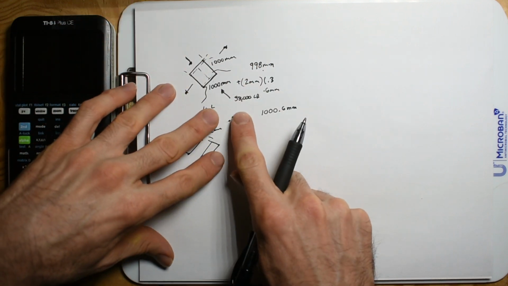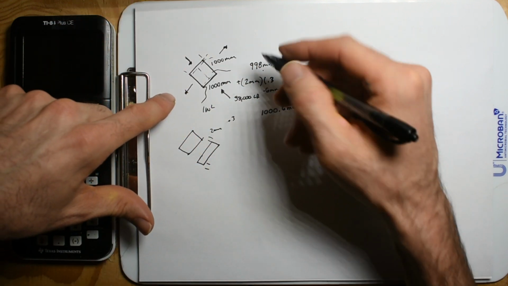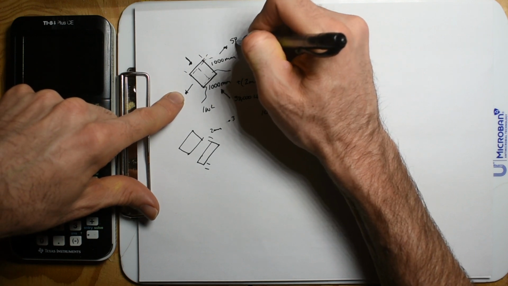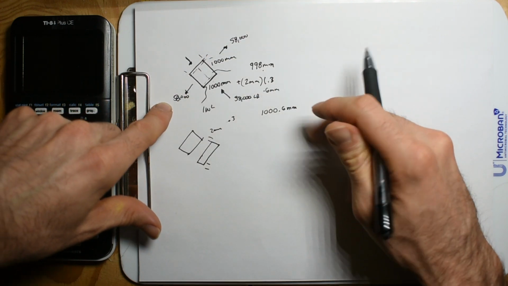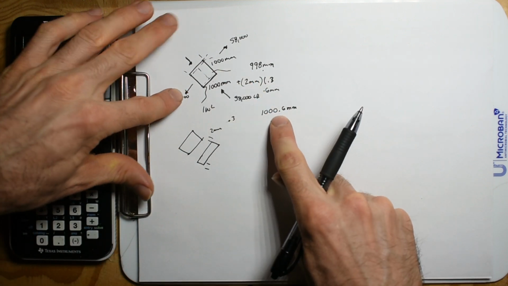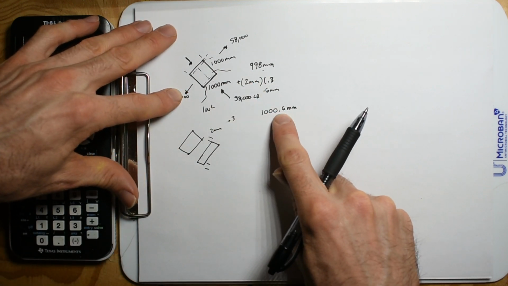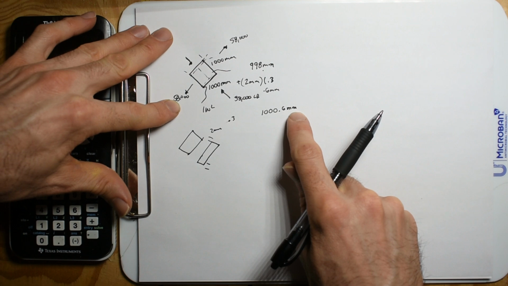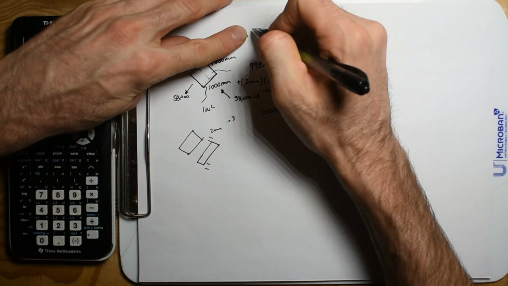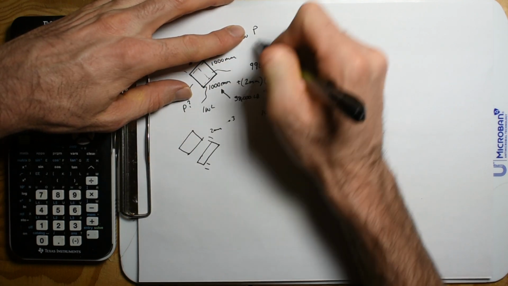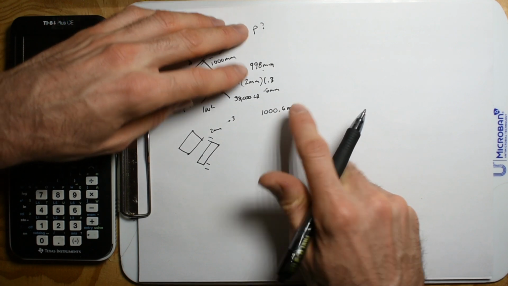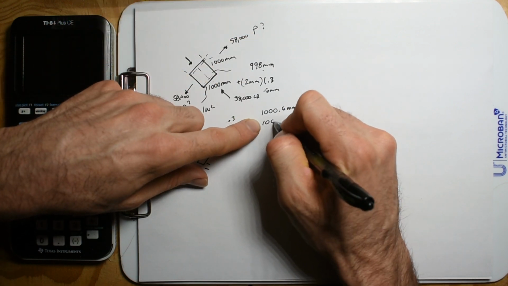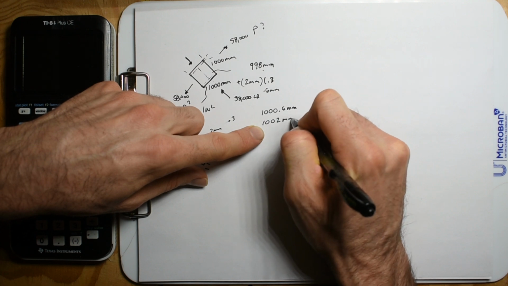And so now we're going to put this 58,000 pounds on something that's already 1,000.6 millimeters long. But let's say I don't know what the force I can put on, and this thing already lengthened. You know what I mean? So I can only lengthen it up to 1,002 millimeters.